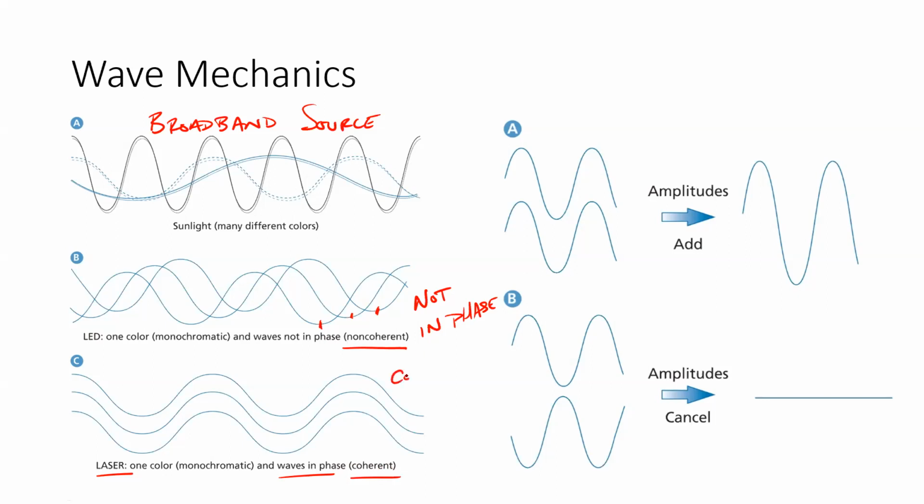We're not going to talk too much about that in this class. But a collimated light source means that all of the beams are oriented in the same direction. And so a collimated beam would look like this, right?